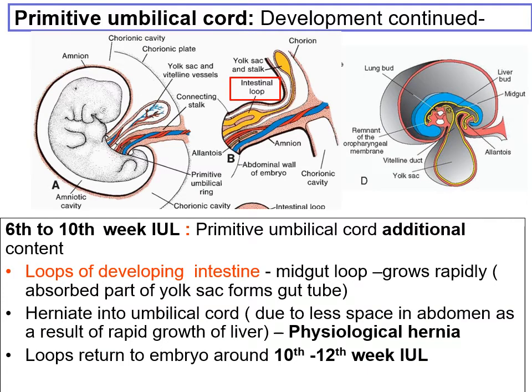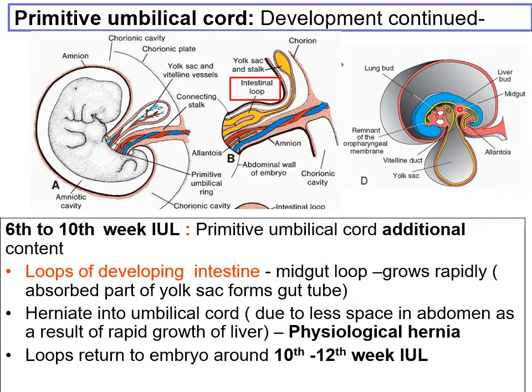Now the development continues. Remember, in the 5th week it had all these primitive contents. As the 6th week of development proceeds, something else comes from the embryo outside into this connecting stalk. Between the 6th and 10th week of intrauterine life, an additional content of the primitive umbilical cord is the loops of developing intestine, specifically midgut loops.